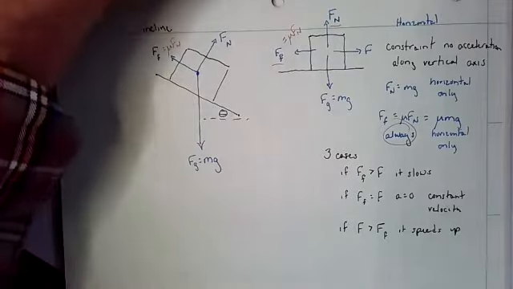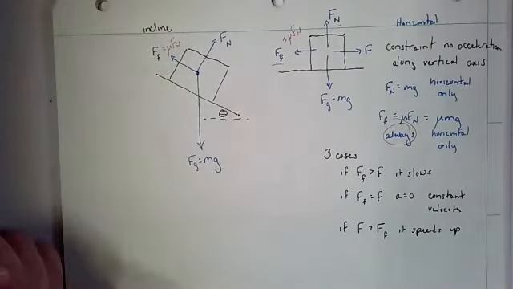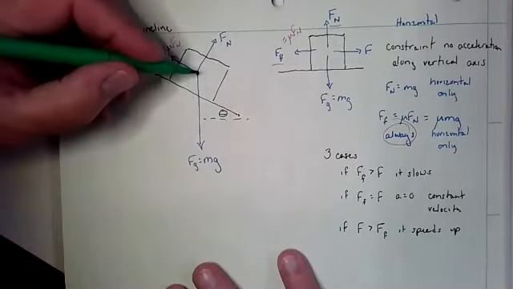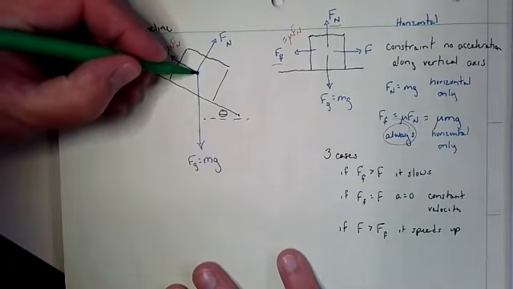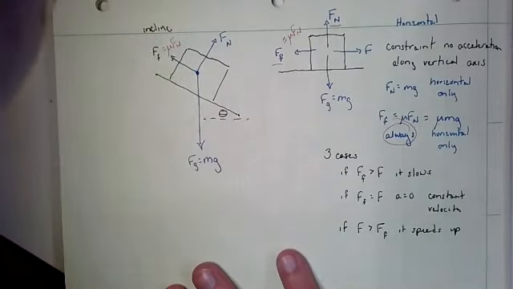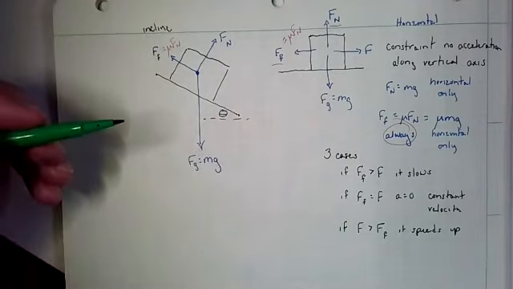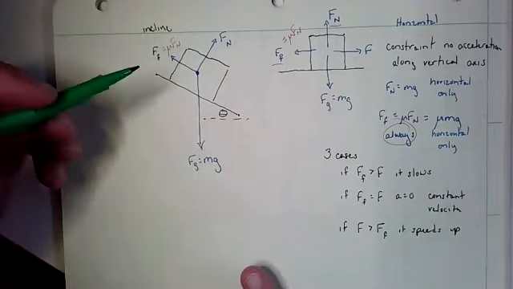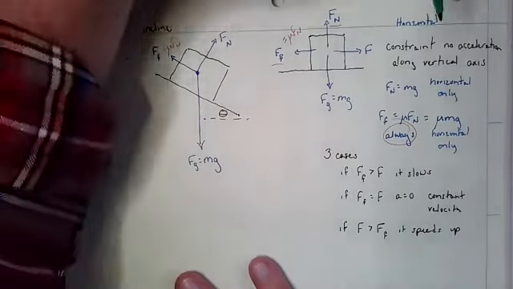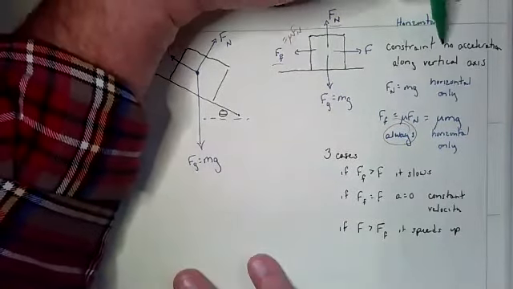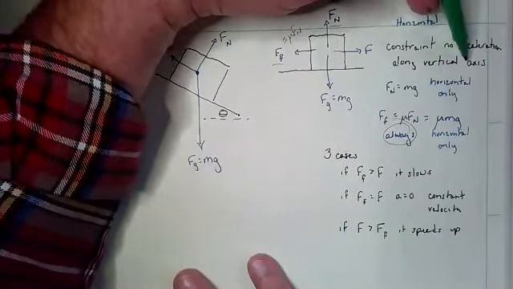So now let's take the time to break gravity into its X and Y components. Well, you might say, doesn't it only have a Y component and no X? True. But it's probably more productive to think about this constraint. So this constraint says there's no acceleration along the vertical axis.